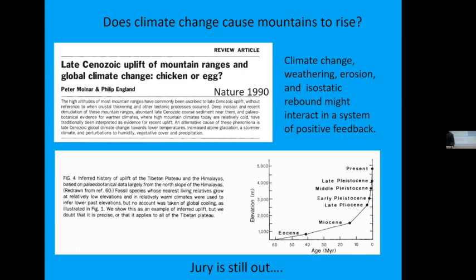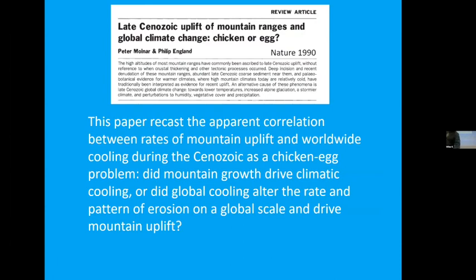So, I assume people had thought about this before 1990, but this really recast thinking about mountain uplift: worldwide cooling during the last few million years has led to this chicken or egg problem. You right, Mike?